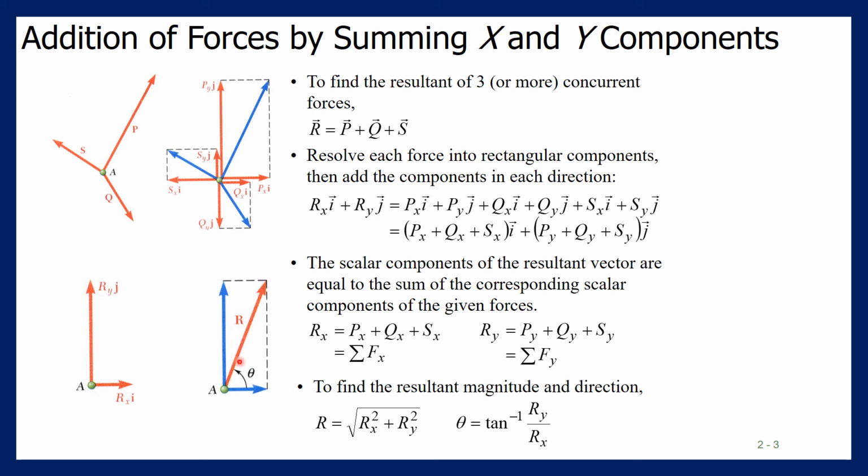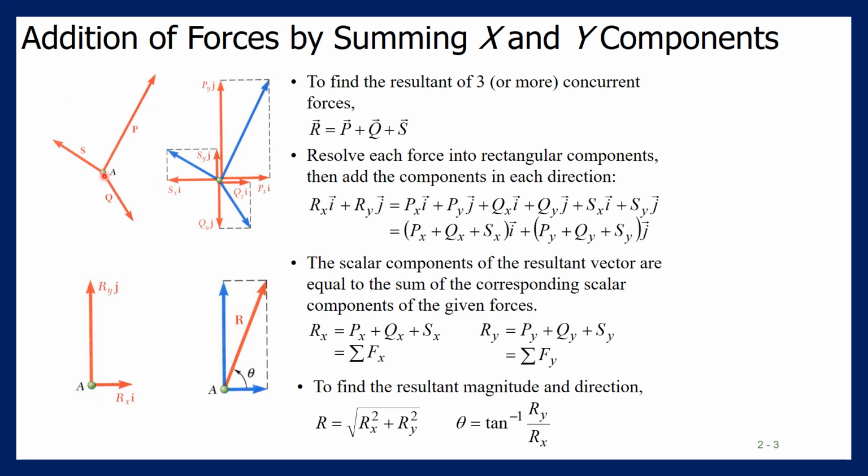That will give you the magnitude of the resultant force. And simply take tan inverse of Ry over Rx, then you will get the direction of the resultant force with respect to the horizontal direction.